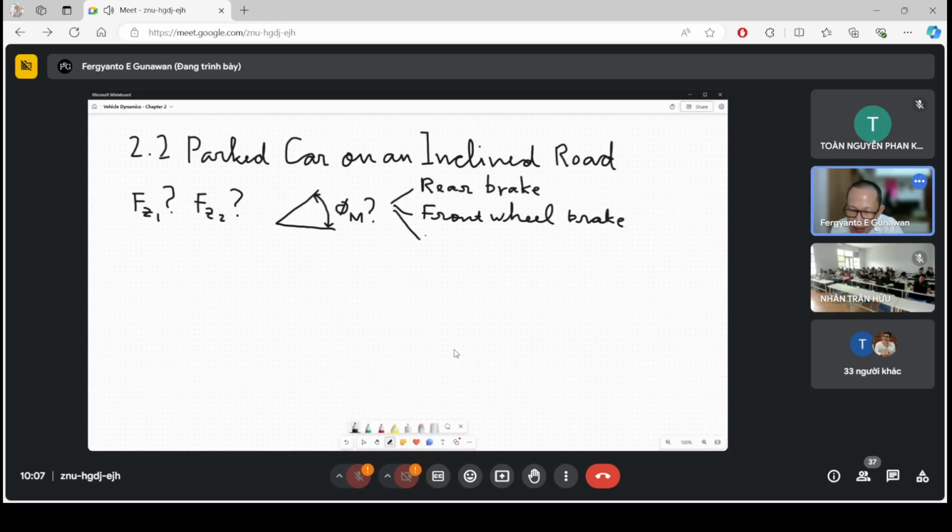And finally, we would also like to use a four wheel brake. What happens if you use a four wheel brake? I assume that we speculate at this point.